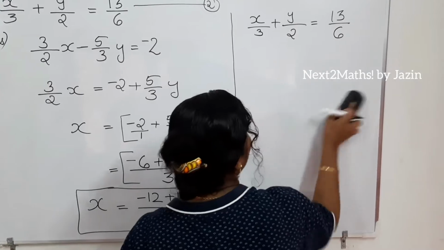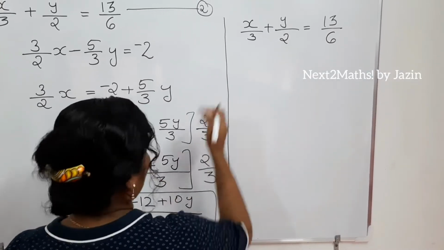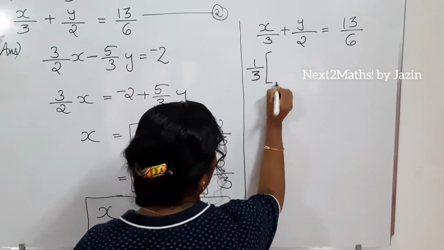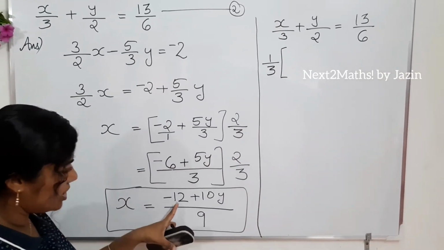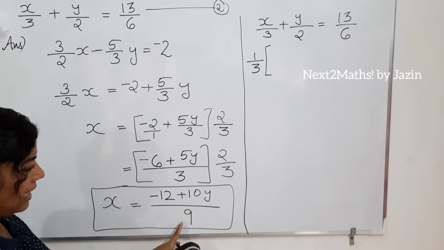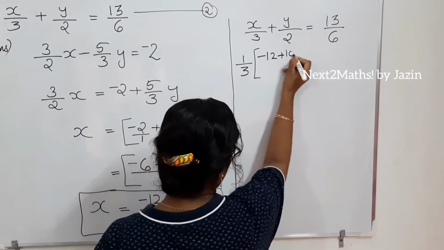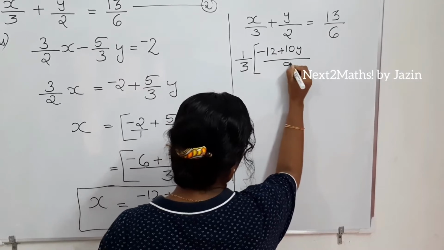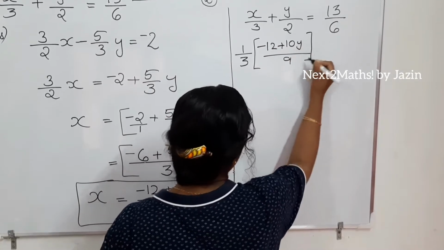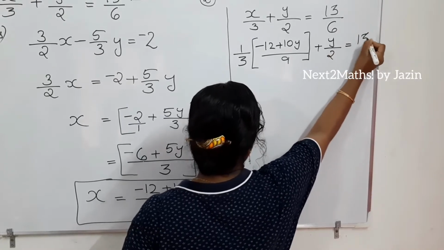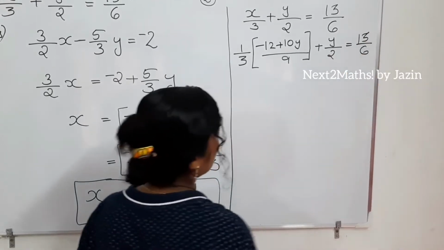So here, this side 1 by 3, what is x? That we can write as minus 12 plus 10y by 9, plus y by 2 equals 13 by 6.